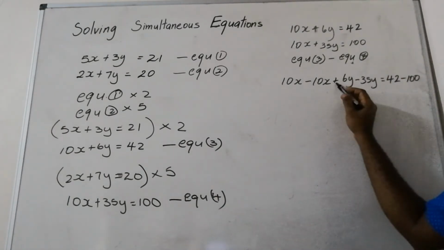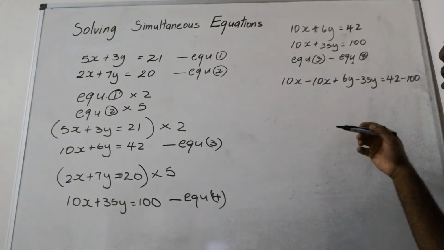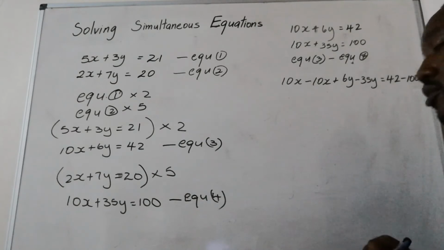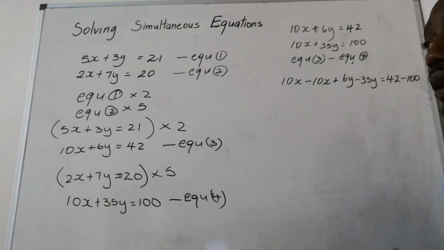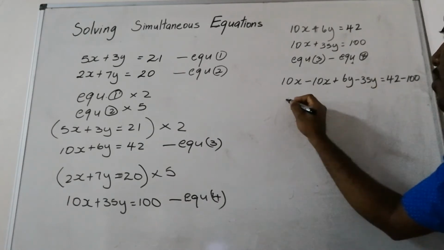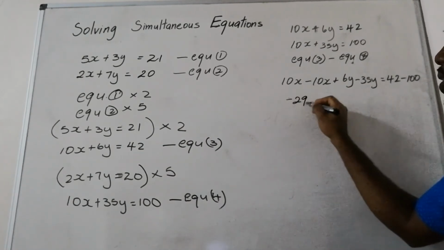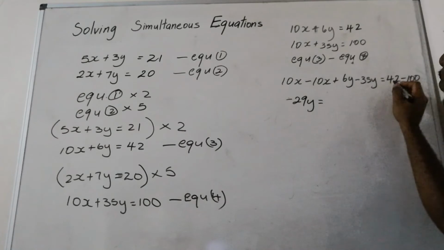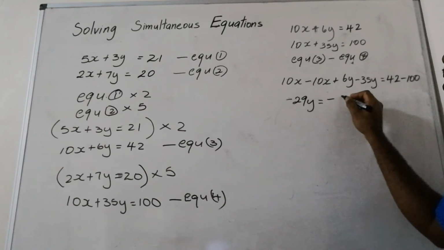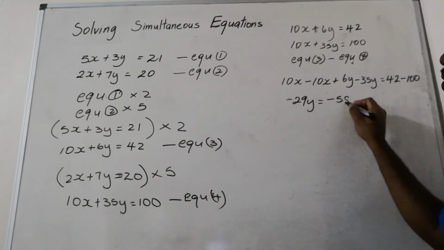Since one is positive, one is negative, we subtract the numbers, and the sign takes the bigger number. So that will be minus 29y is equal to 42 minus 100, which is negative 58.